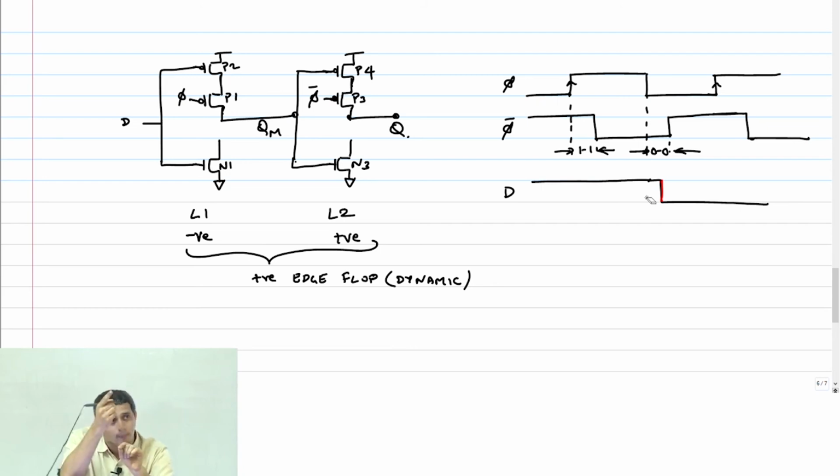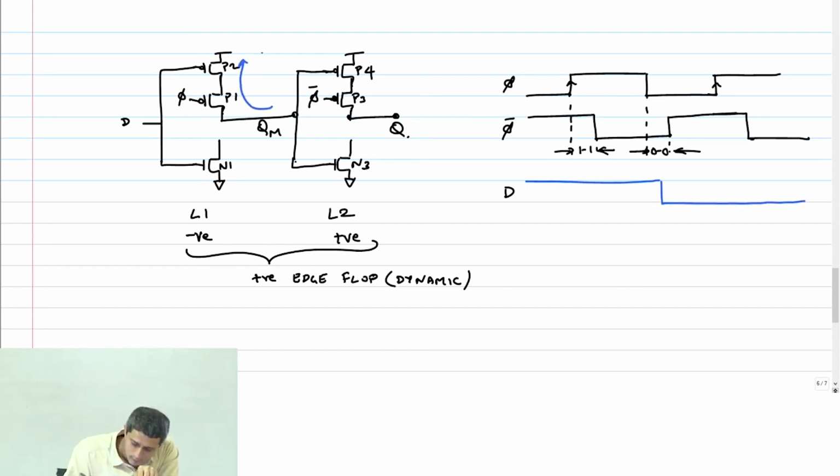thereby there is a pull-up path, right? So QM can therefore now change. Let me draw this in blue. There is a pull-up path, right? So what happens to QM?